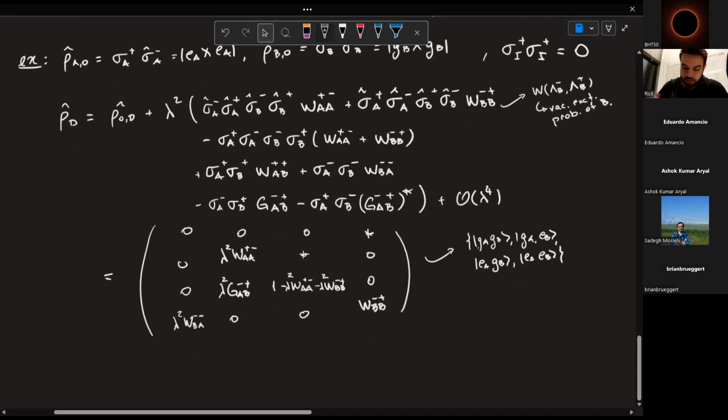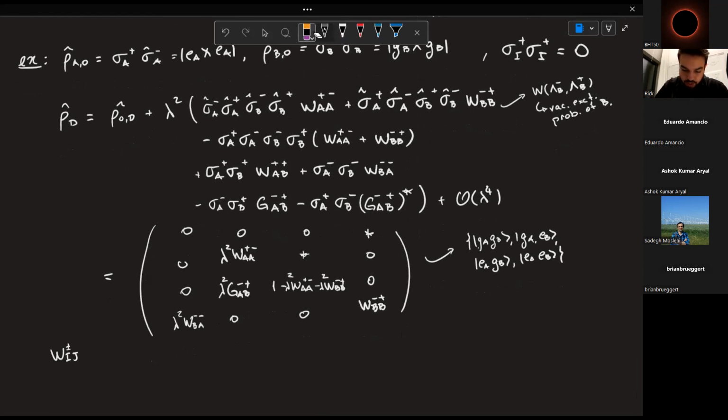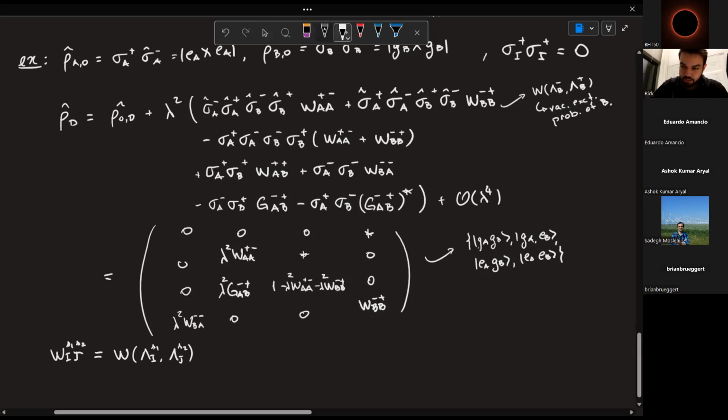And okay, the last thing is that Wij plus minus, well, let's say S1, S2 is just being used to denote W of lambda I S1, lambda J S2, and the G is the Feynman propagator.